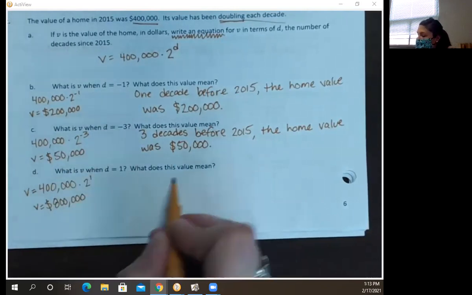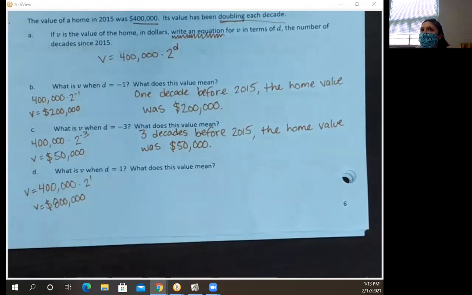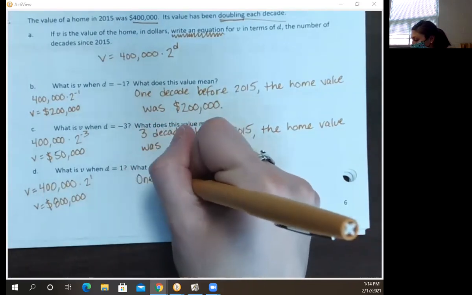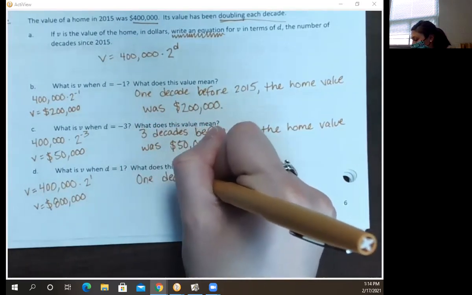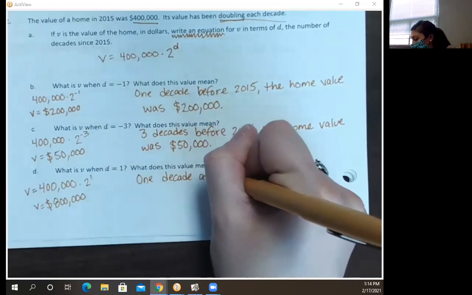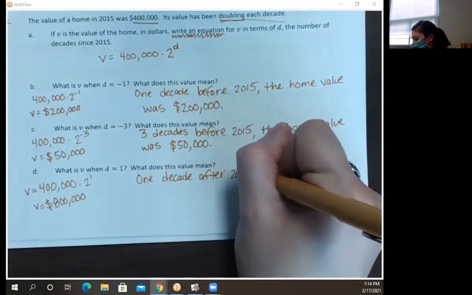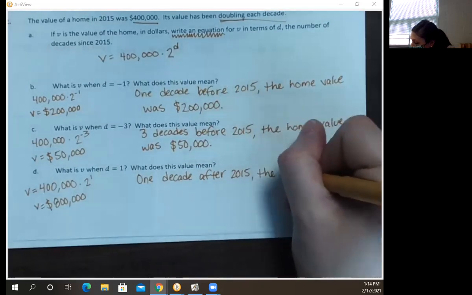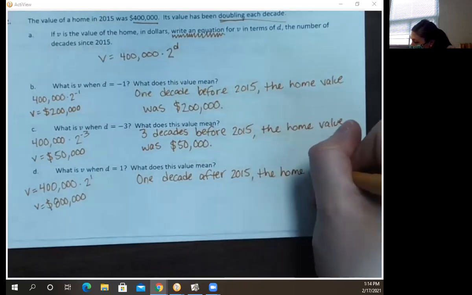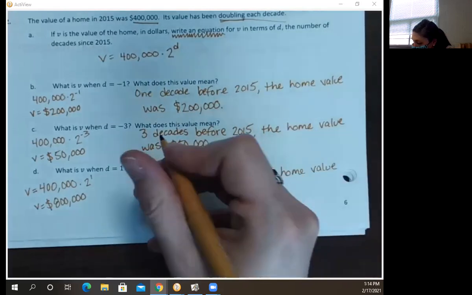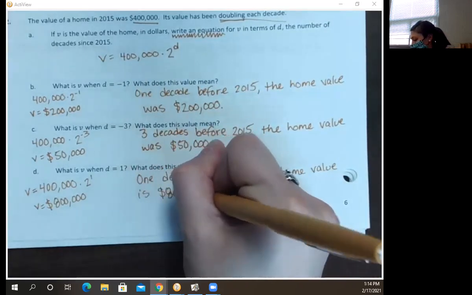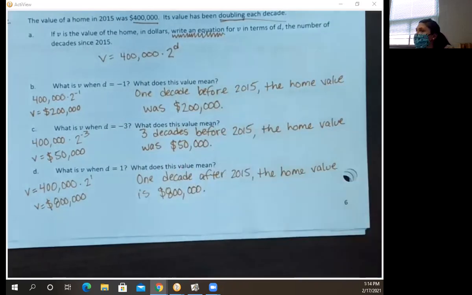What does this mean in terms of the context of our problem? Yeah, 1 decade after 2015, or in 2025, the home value is $800,000, or will be $800,000.